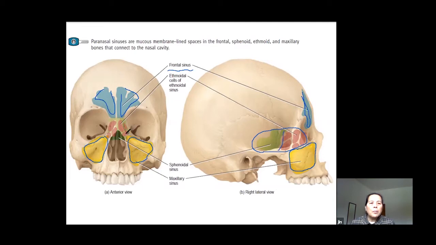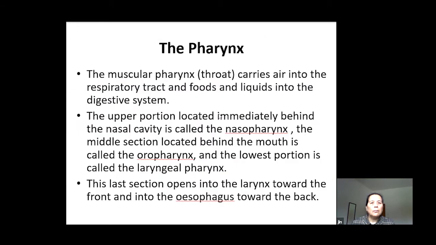They still cause problems, but are hard to check from the superficial. But totally, we have 4 pairs of sinuses, 1 on each side. So that's the nose part.